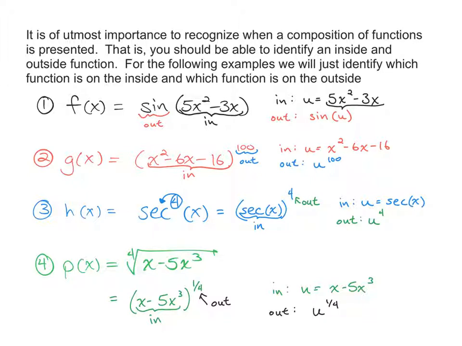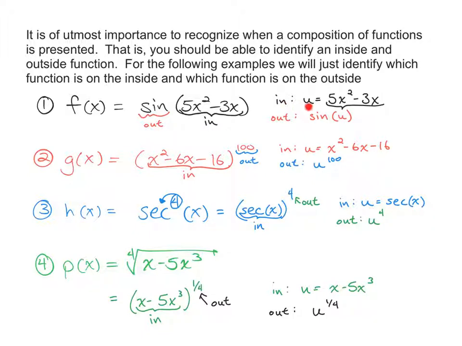So one other thing I want to say about this very quickly is that usually you can look for a set of grouping symbols like parentheses, in the rewrite you still have parentheses, or inside of a trig function or inside of a radical sign, to find out what the inside function will be.